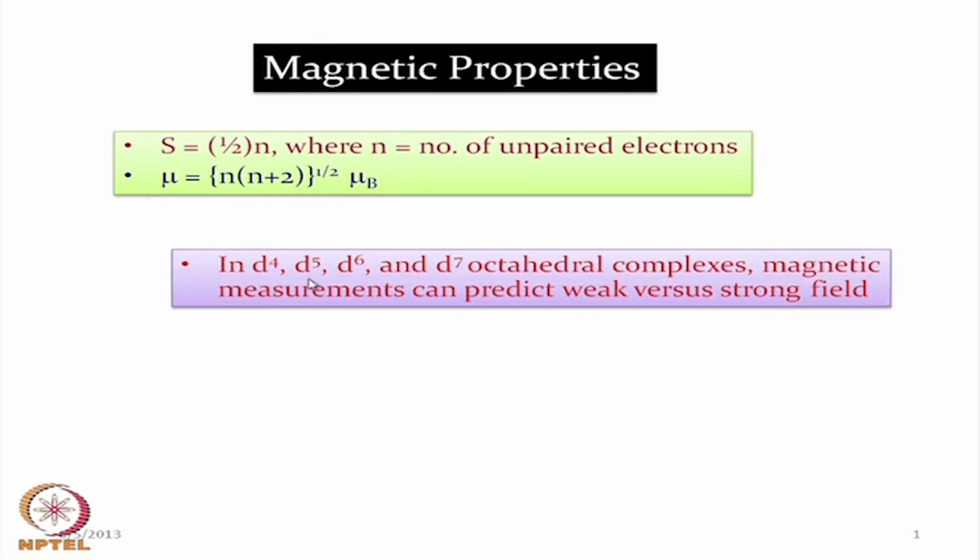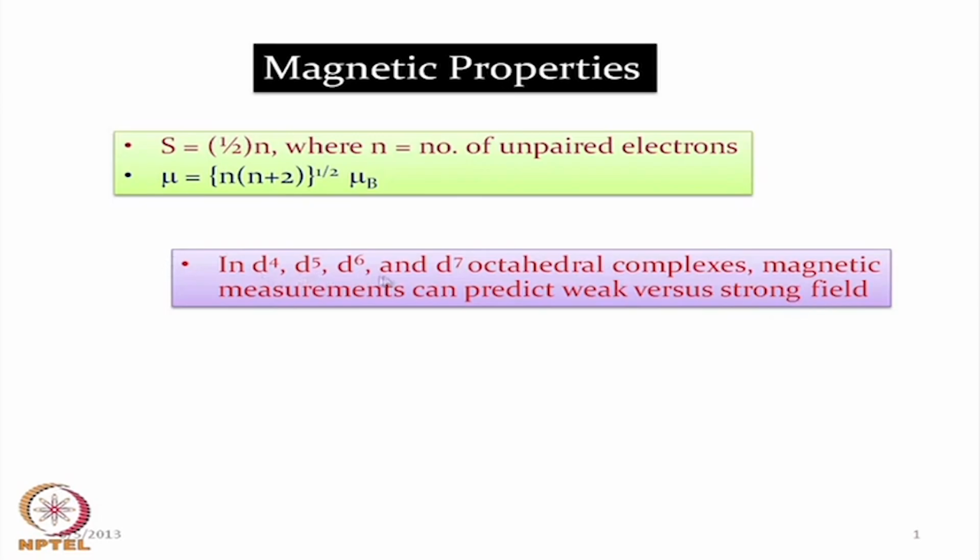If we have d4, d5, d6 and d7 electronic configurations in octahedral complexes, then magnetic measurements can predict the weak versus strong field for the available crystal field. This is the direct application of crystal field theory. Crystal field theory gives us two different forms, the weak field form and the strong field form.